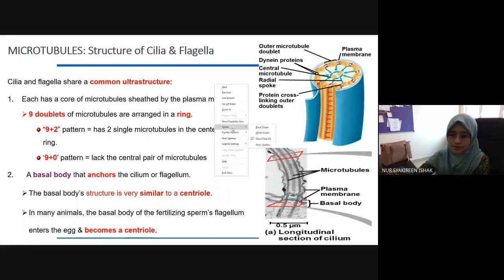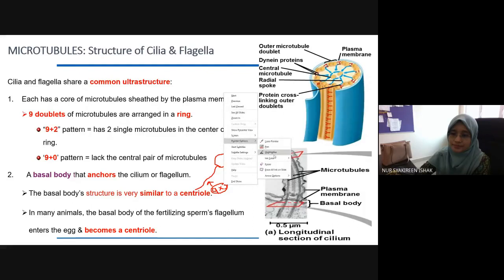So contohnya, kat sini awak ada head of a sperm cell. So this is the flagellum. Arrangement of the flagellum yang tadi tu, 9 doublets of microtubule arranged in a ring. Sorry, 9 doublets.